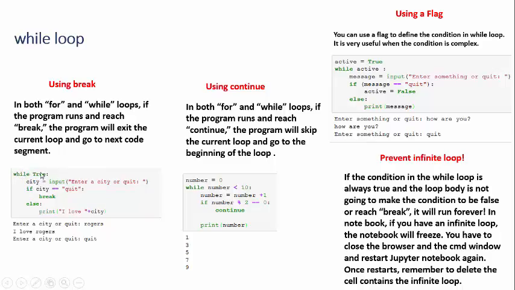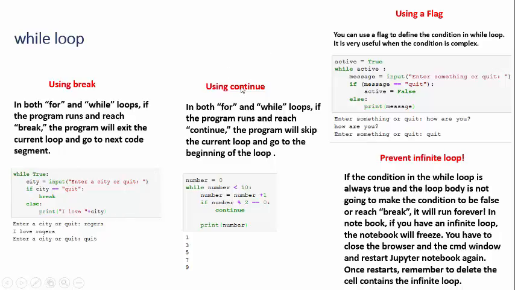So if there's no break, it becomes an infinite loop that runs all the time. But because I have a break statement here, whenever the user enters QUIT, it breaks the loop and goes to the next code segment without running anything within the loop again.